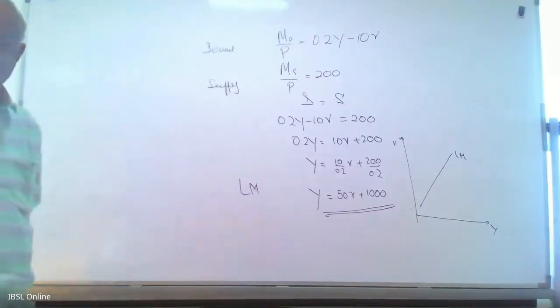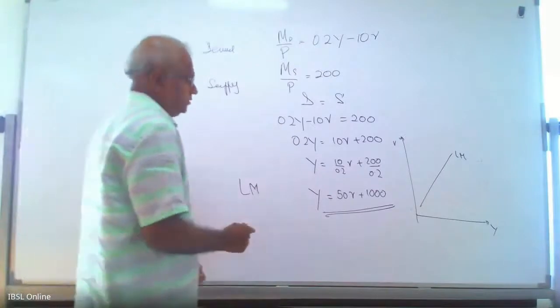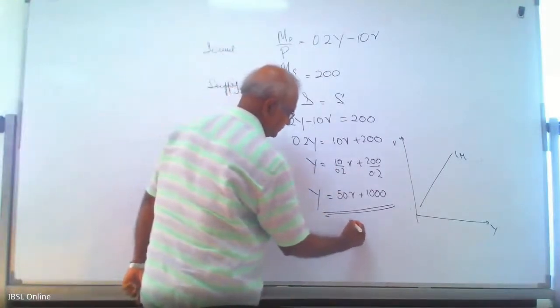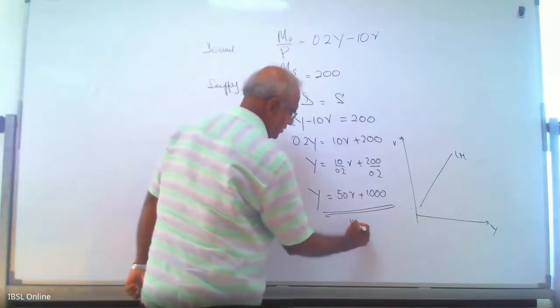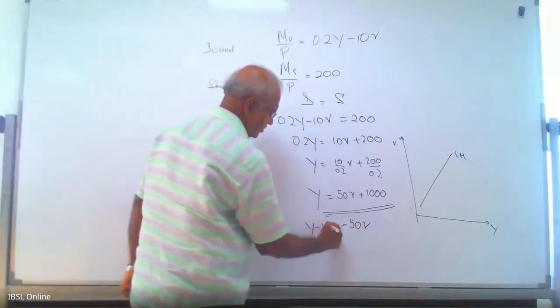Then if you want, you can make R the subject. That means 50R equals Y minus 1000.